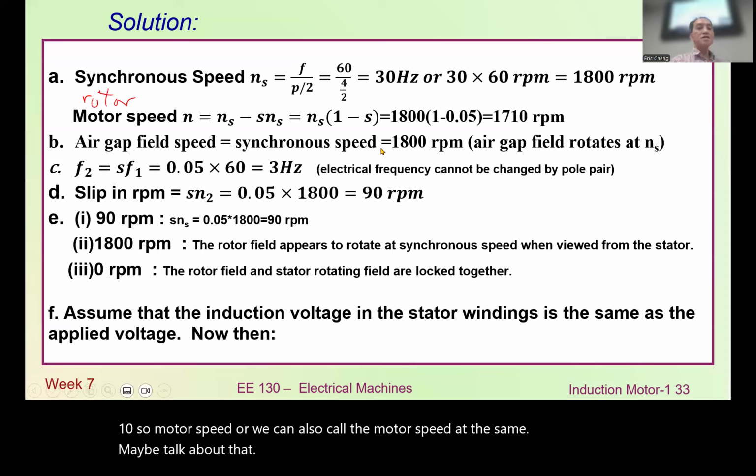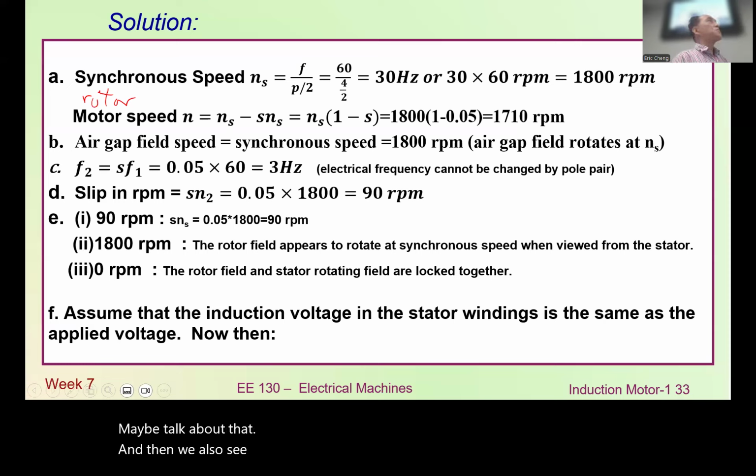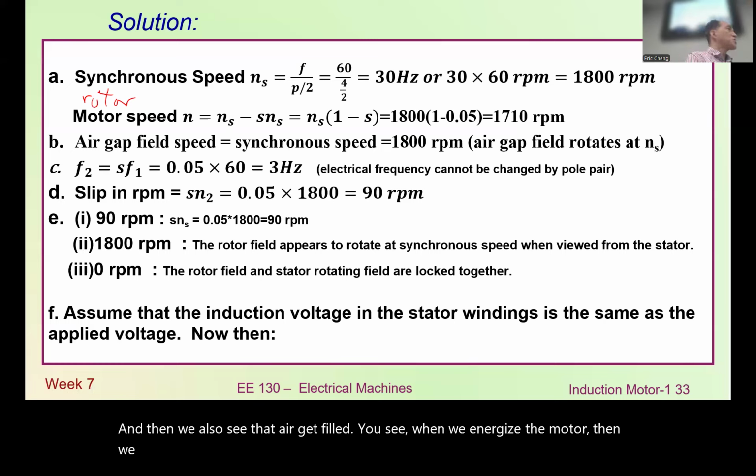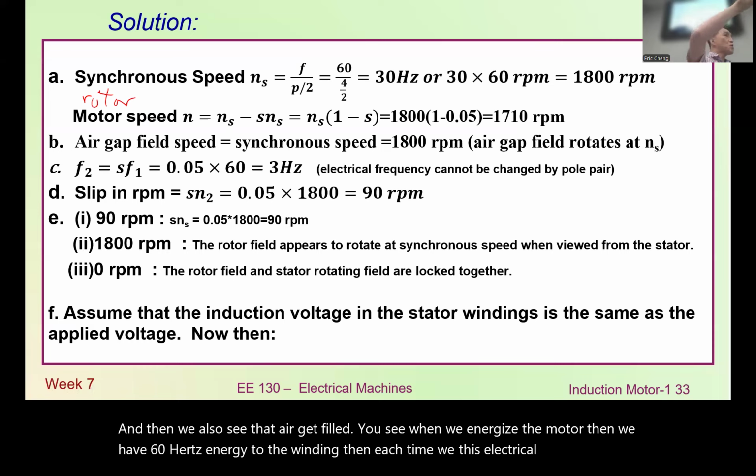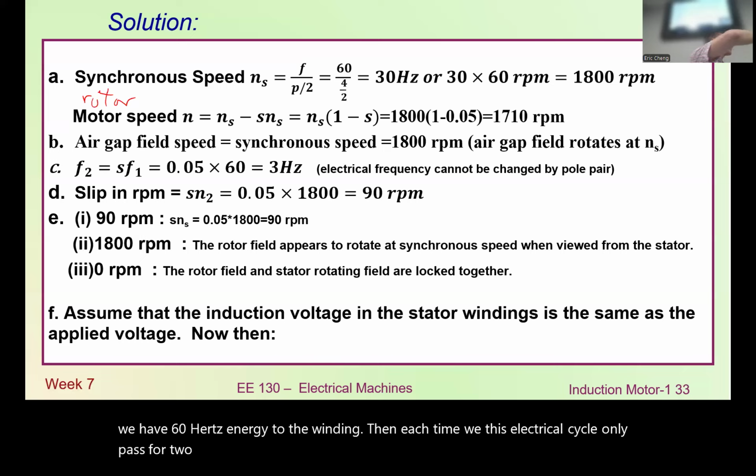And then we also see the air gap field. When we energize the motor, we have 60 Hz energized to the winding. Each electrical cycle only passes through 2 poles, and then the next will be another 2 poles.